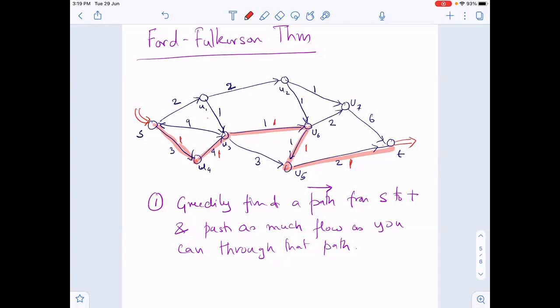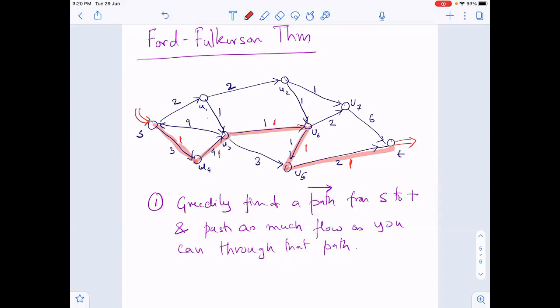Okay, so now what do I do next? Yeah. So now I can come up with another path, right?